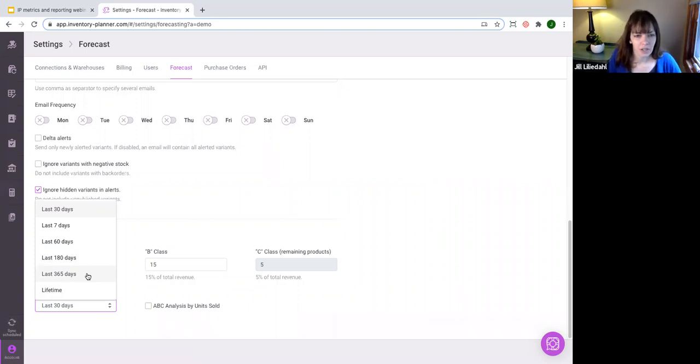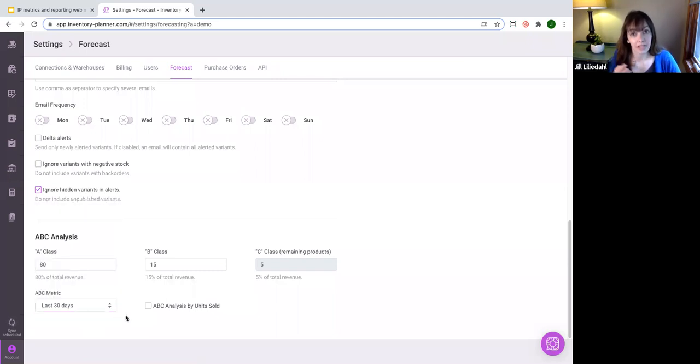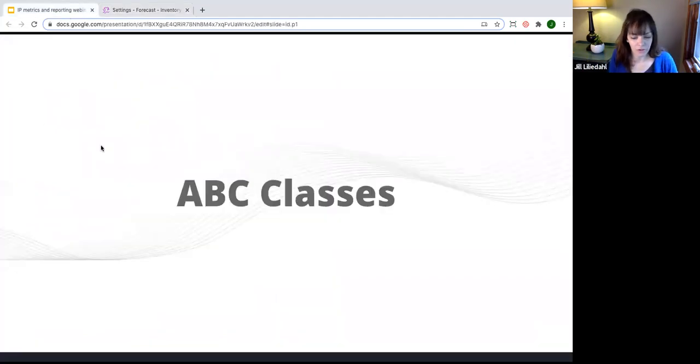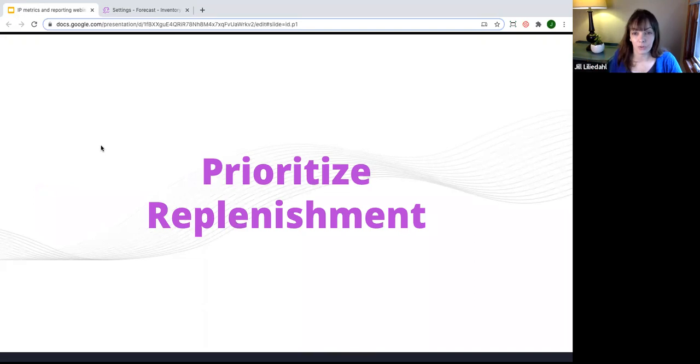So if you change that over to the last 365 days, then you'll get their performance last fourth quarter as we head into fourth quarter for this year. Okay, so that's ABC analysis. That'll help you look at your catalog, and we'll get into how that applies once we get into the replenishment and the overstock a little bit later, but this can help in cleaning up your product catalog. So let's dig into the replenishment.